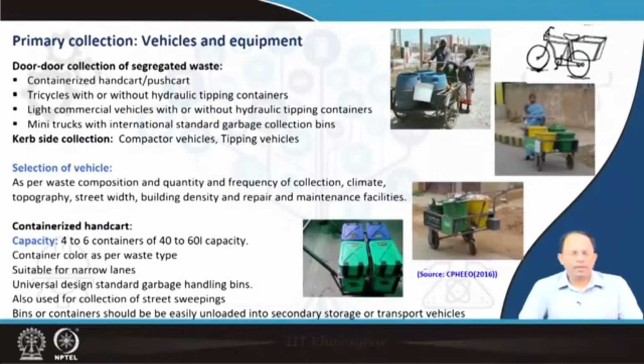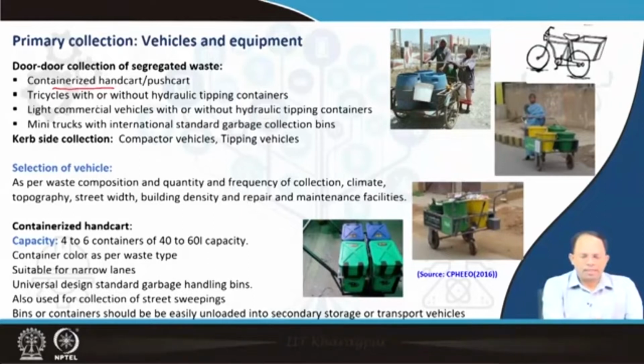So, as we have already discussed, for door-to-door collection or primary collection, we go for different kinds of collection systems. One of them is of course door-to-door collection, which usually takes place for segregated waste, and there are different types of vehicles utilized for this. Either we can go for containerized handcarts or tricycles with or without hydraulic tipping containers.